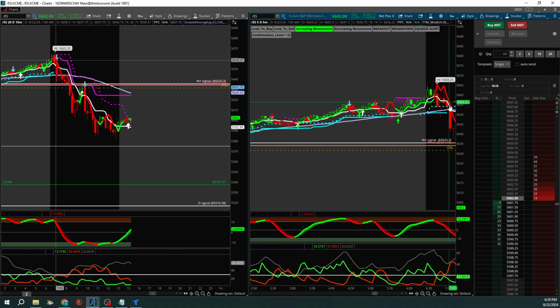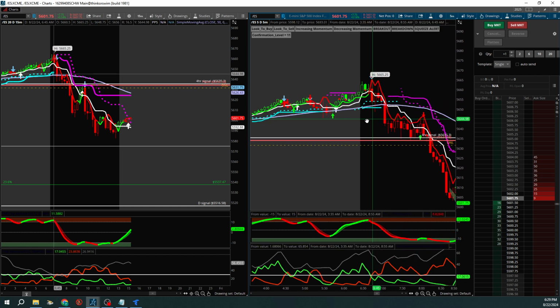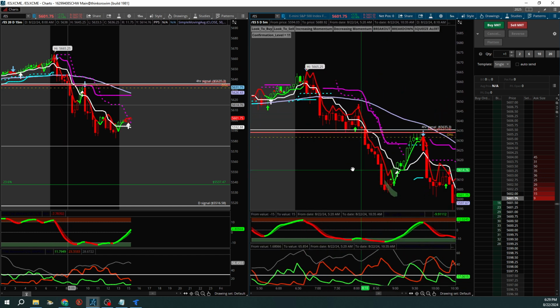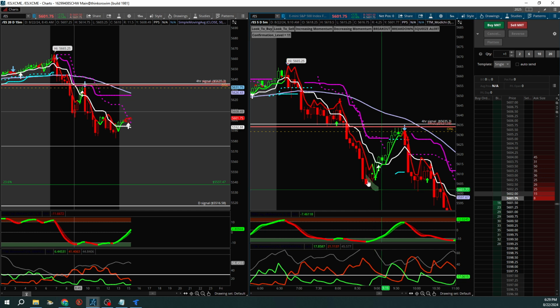So the 5-minute closed below the white signal line right here. And on the 15-minute chart simultaneously, we had sentiment 3 telling us there's going to be a follow through to the downside. That's exactly what happened. So the entry for the first trade was at 56.53. We stayed in the trade until we got a reversal signal right here.